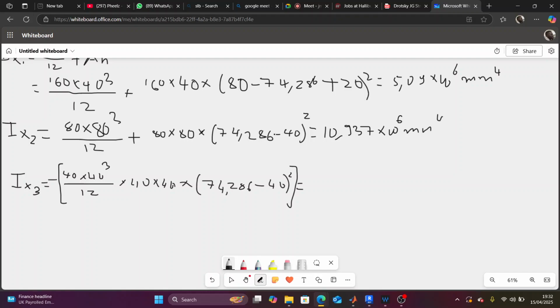It's negative 3.0975 times 10 to the power 6.